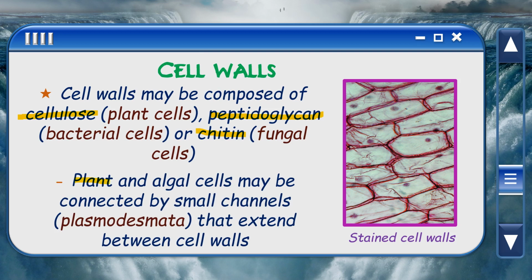The plant and algae cells may be connected by small channels. Those small channels we refer to as plasmodesmata. They are an extension between the cell walls in plants and algae cells.